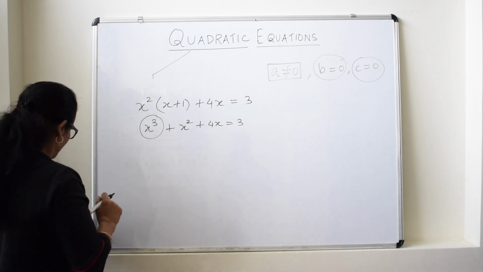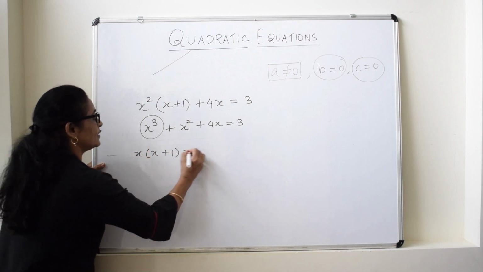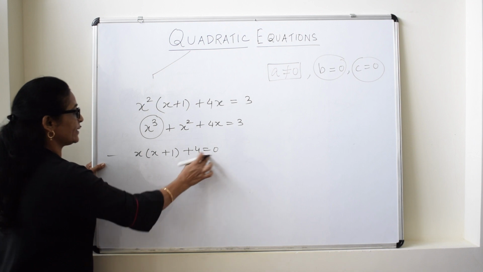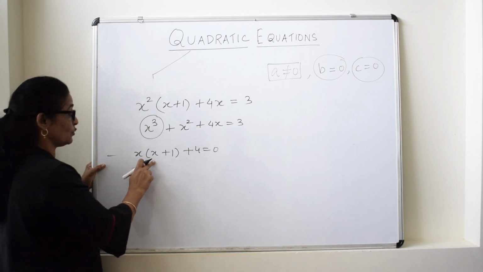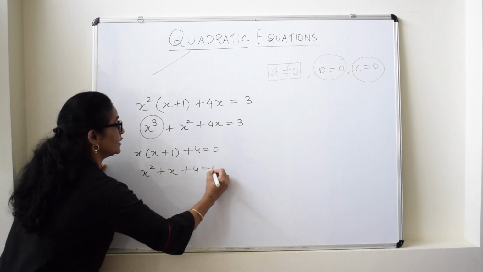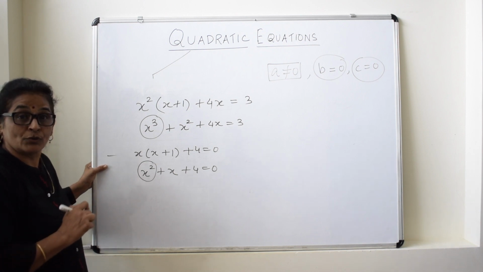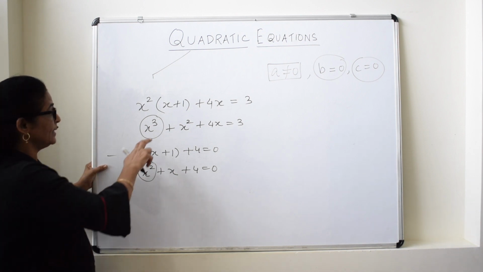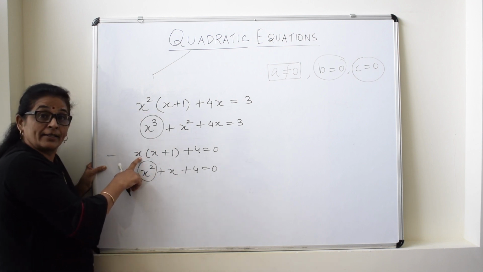And sometimes, in this next example you see, here by looking at it, one can say it's not a quadratic equation, but further when we solve it, it's x square plus x plus 4 is equal to 0 and the maximum power is 2. So it is a quadratic equation. This was looking like one and it is not, and this was not looking like a quadratic equation, but it is.